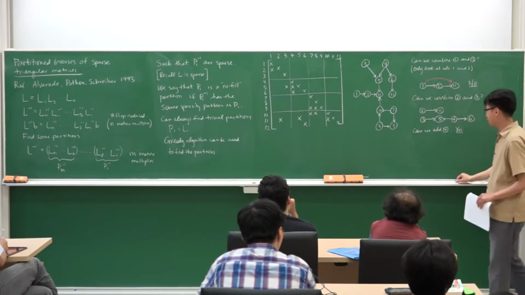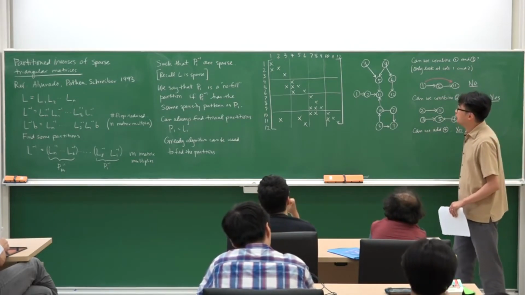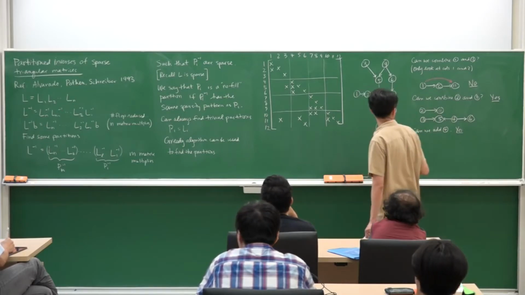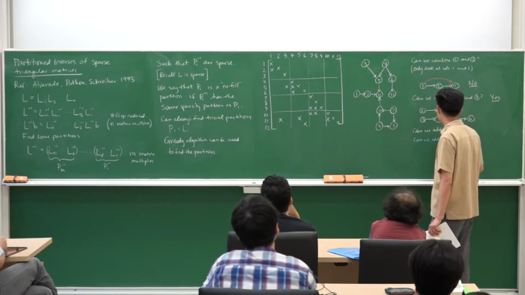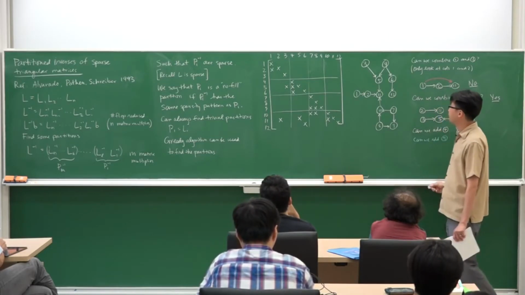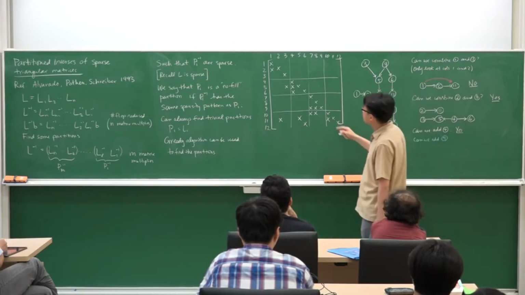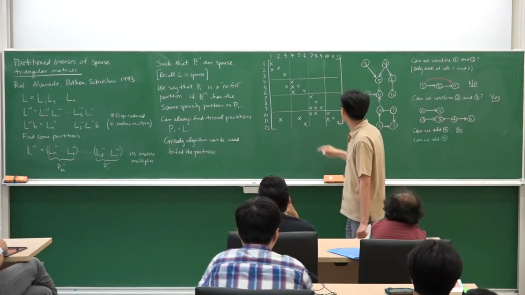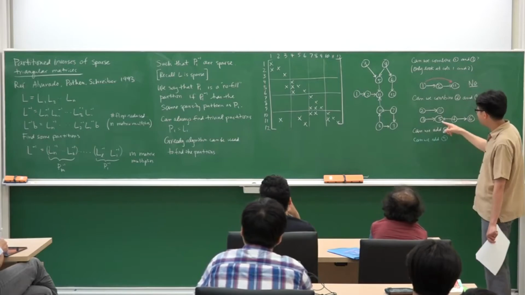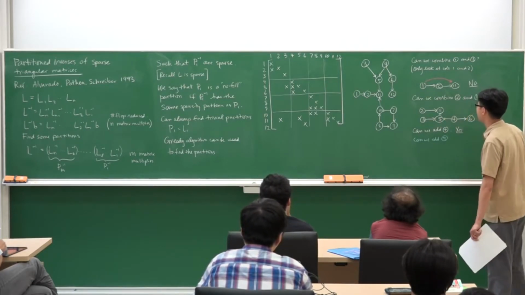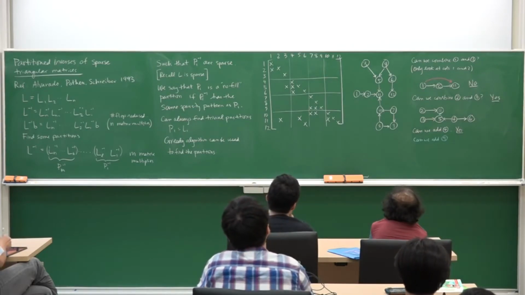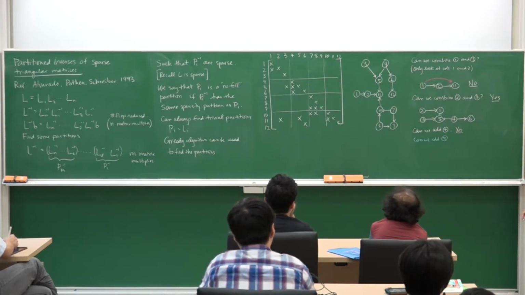And how about 5? Can we add 5? So 5 has an edge to 11. 5 is already here, so I'm going to add this little arrow from 5 to 11. And how about now? What does a transitive closure look like? Does it involve adding any additional edges?